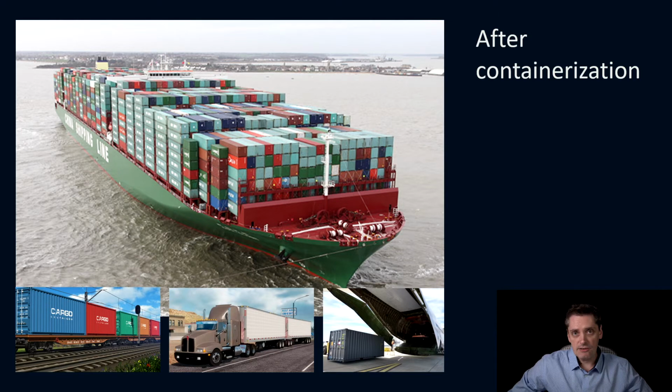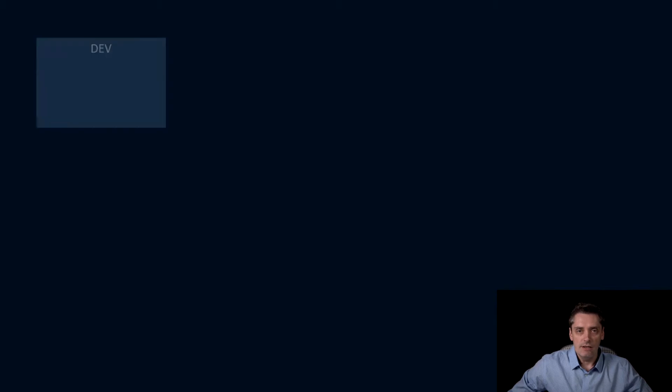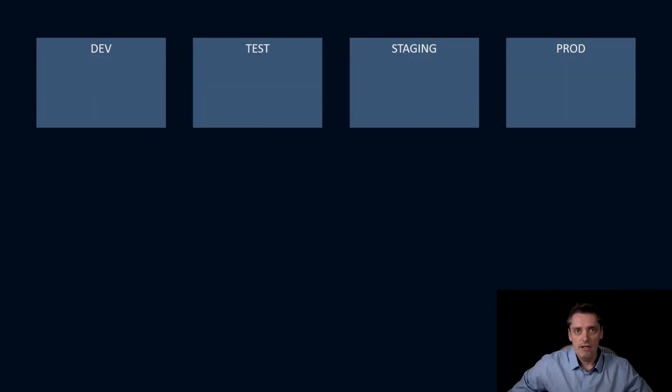Alright, let's look at a traditional organization that has four environments. There are development, testing, staging, and production. And there is a new application just released that needs to be installed on all of these environments. The operations team starts with the development environment first.